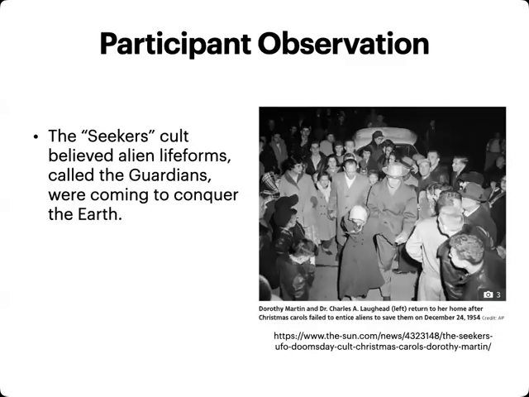Another method in observational research is participant observation, in which researchers become active members of the group or situation they are studying. This type of approach is very similar to naturalistic observation because it involves observing people's behavior in an environment where target behaviors naturally occur, and researchers become part of it.